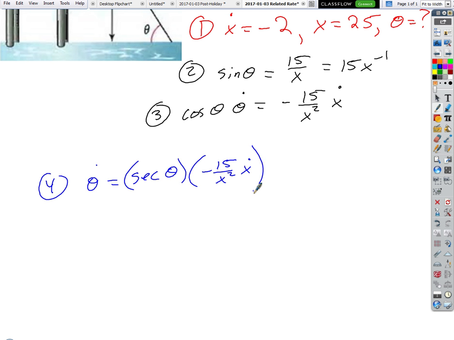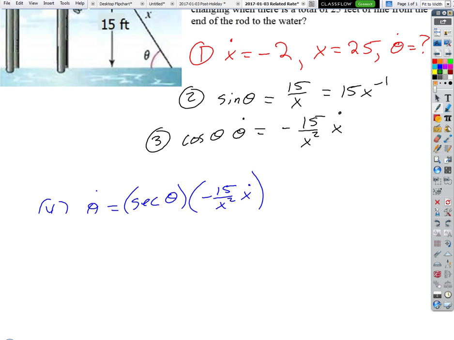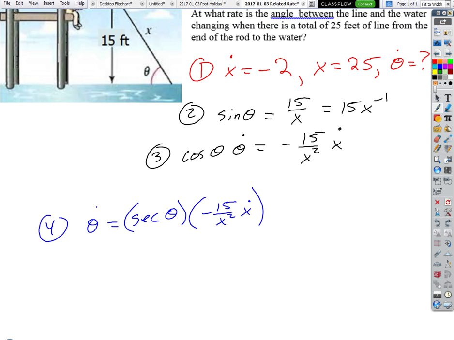I know all that stuff except secant theta, but I could pretty easily find it, because if I take this triangle at my snapshot, that's 25 and that's 15, so the other side is 20. It's a 3, 4, 5, isn't it? And that's theta. So what's that make secant of theta equal to?